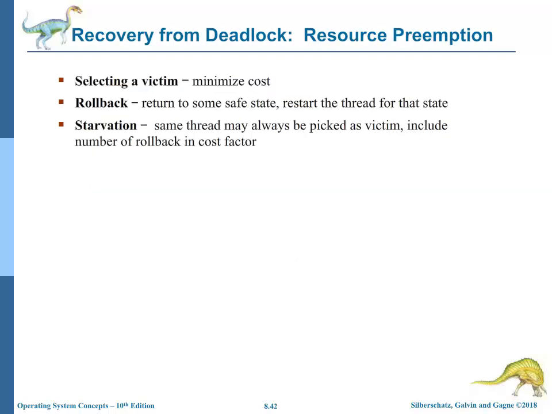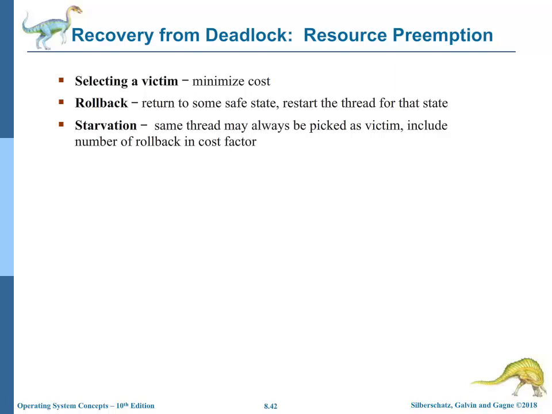In resource preemption, to eliminate deadlocks, we preempt some resources from processes and give those resources to other processes. This method will raise these issues. First, selecting a victim.